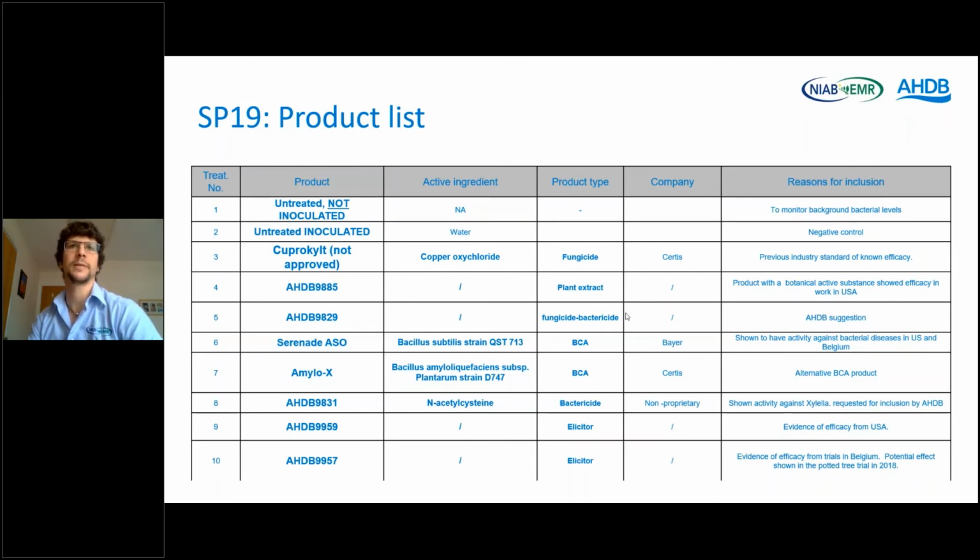And then we had some plant extracts. We have some Bacillus, and here you actually have two products that are not coded because you can already use them on cherry, I believe. And then you have some completely new products with some elicitors and some bactericides that we're testing.